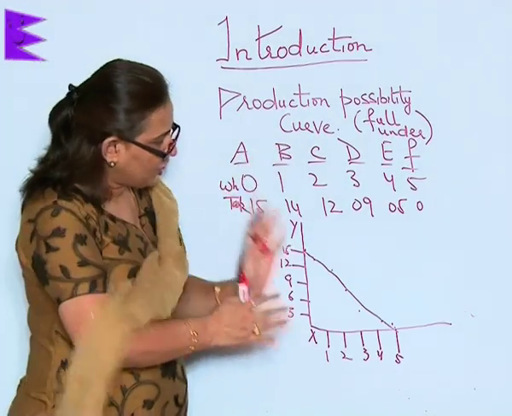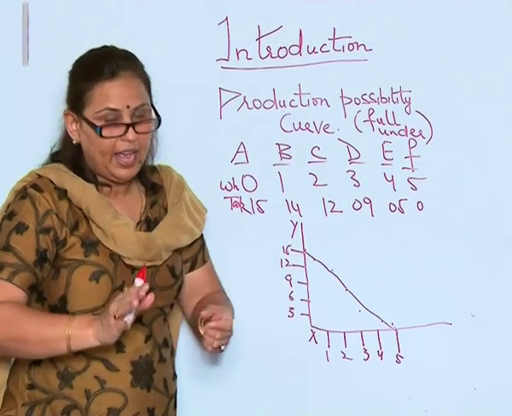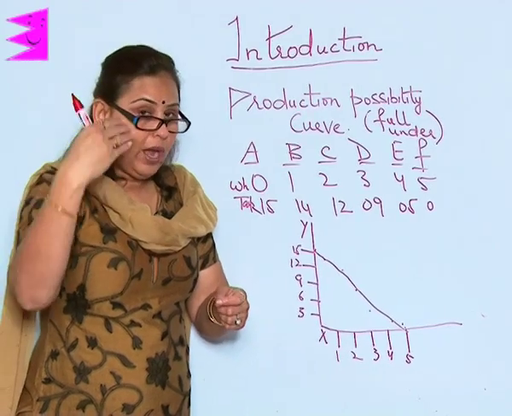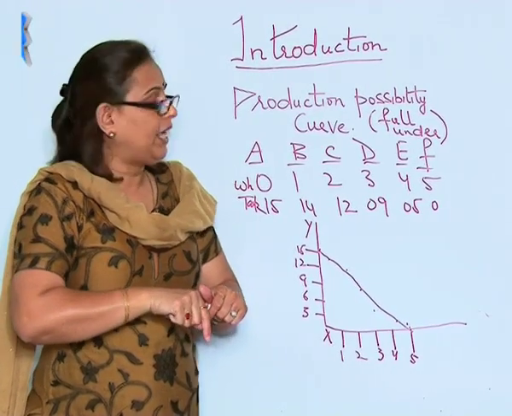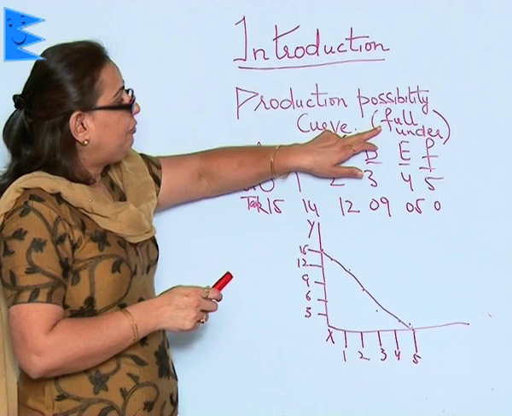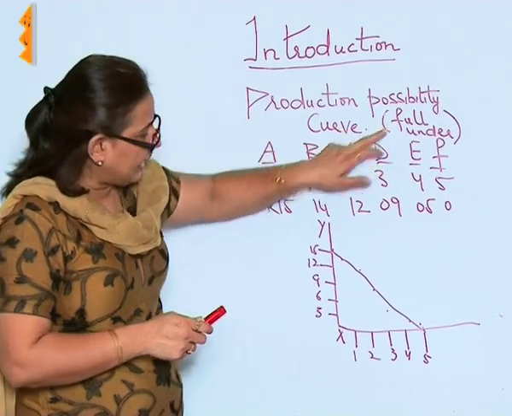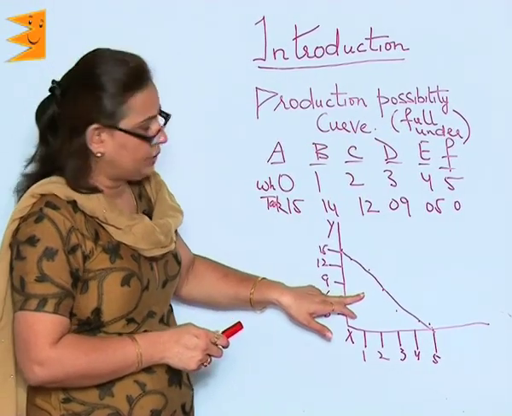But with this production possibility curve, there are two other things which can be shown, and those are the full utilization of resources and the underutilization of resources.